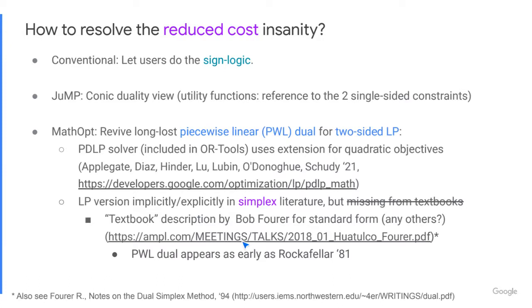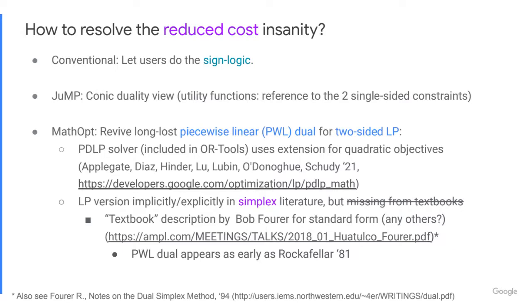And Bob has some very nice slides that describe this dual and how it relates to primal and dual simplex. So I will call this the textbook description of this piecewise linear dual. But again, if anybody knows of another place where this piecewise linear dual appears, I'd definitely be happy to know.